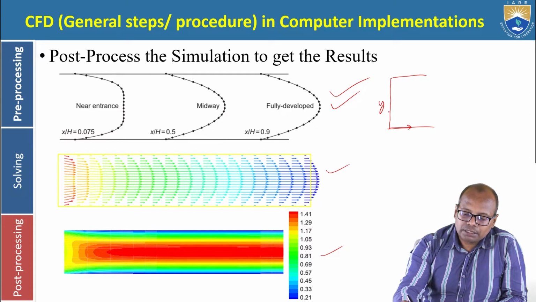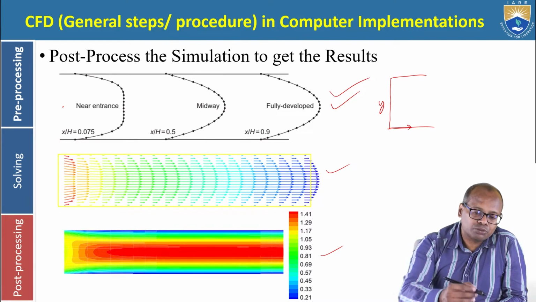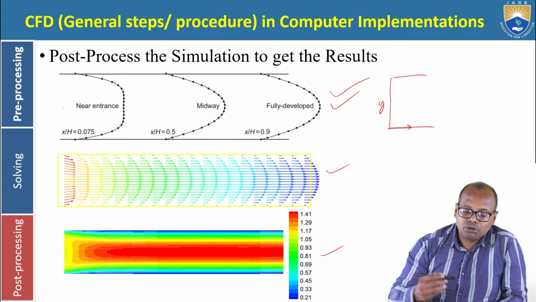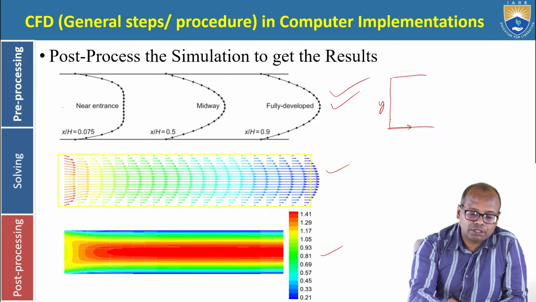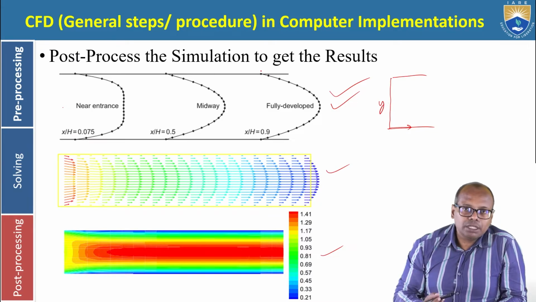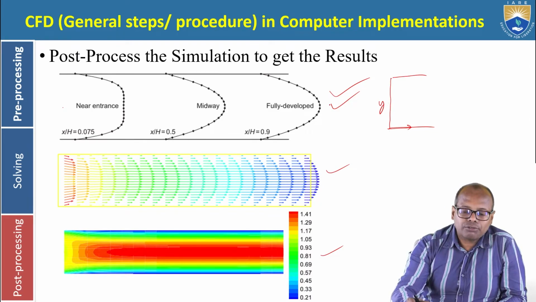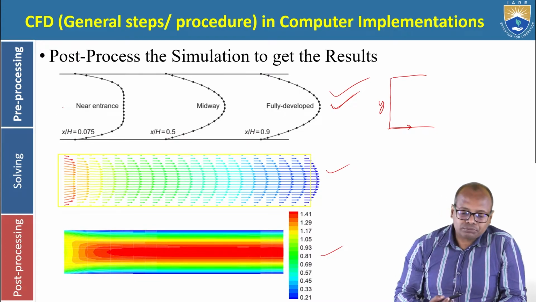With the distance from the wall, here it is 0, here it is h by 2, and again here it is 0. With the change in distance, I have to find out what is the velocity at a particular point. At entrance it will be like this, and at midway it will be like this. Once the fluid is fully developed, the profile will be like this. This kind of result is called an XY plot.